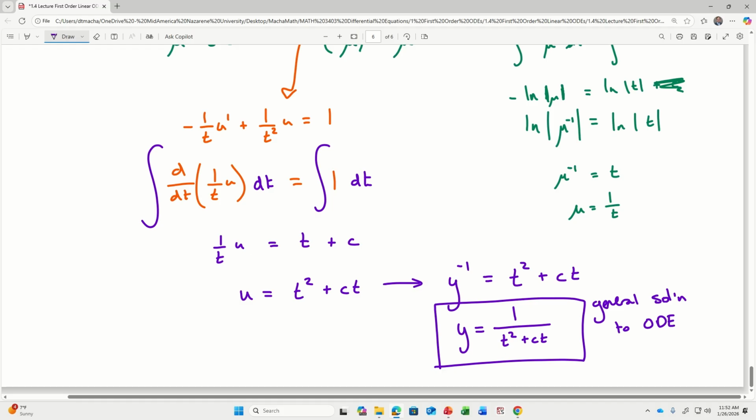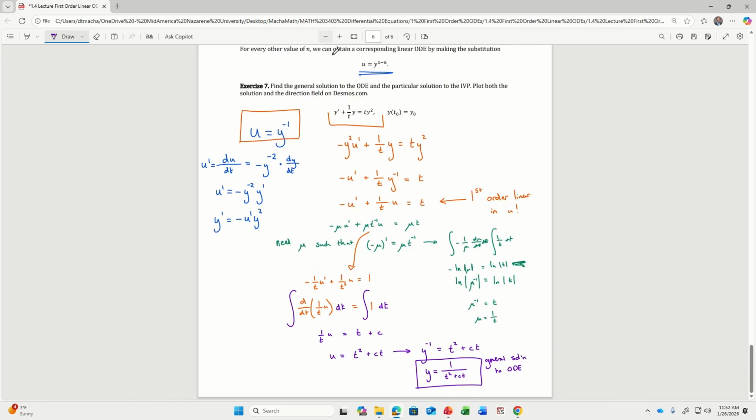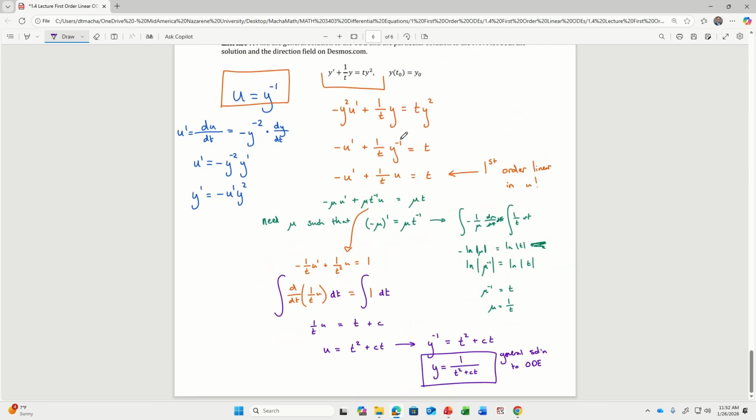Whew. Lots of steps to these differential equations problems, aren't there? So to recap, you notice it's a Bernoulli ODE, which is a lot like a first order linear, except you have some power of y on the right-hand side. Then the Bernoulli substitution is u equals y to the power 1 minus n, where in this case n was equal to 2, and then you find out what is u prime, using the derivative chain rule.